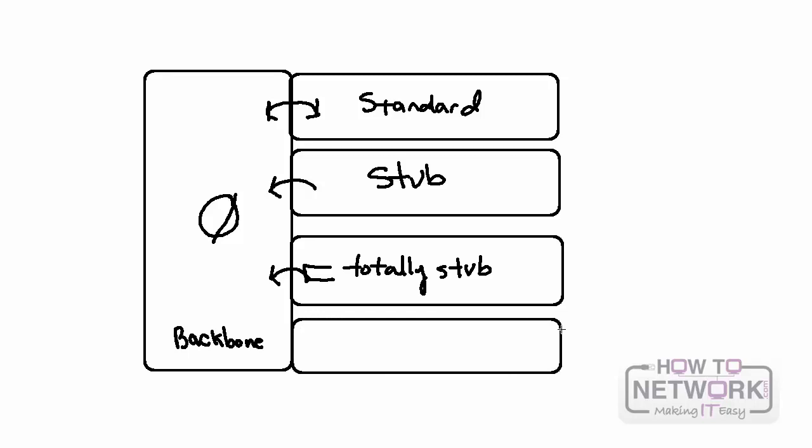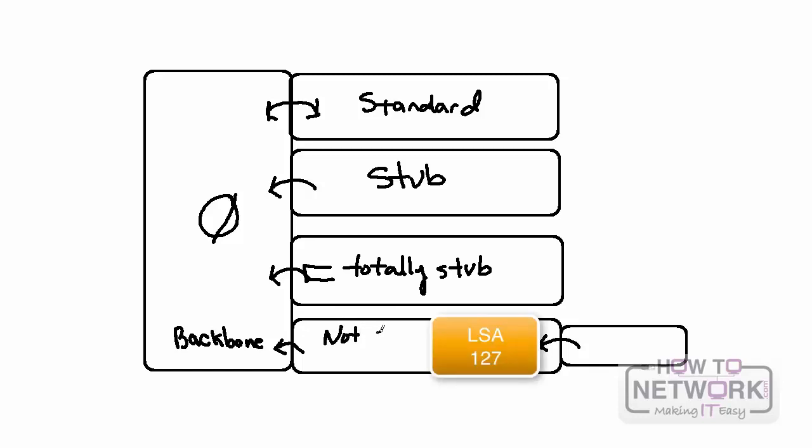And then finally, let's go over this concept of not so stubby areas. So, this is an interesting, I guess you could say, concoction, because not so stubby areas can connect to non-OSPF networks that are not a part of this autonomous system, and they can receive routes from those networks.